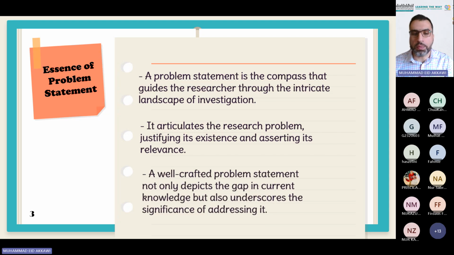Also, a well-crafted problem statement will not only depict the gap in the current knowledge, but also it will highlight, emphasize, underscore the significance of addressing it. Because as the waiting time is a problem, it may affect their intention to come again to the clinic, so this will affect the patient's condition, the control of their condition. If they're having chronic diseases, this will affect their chronic disease control.